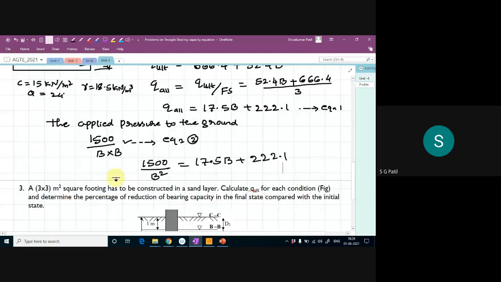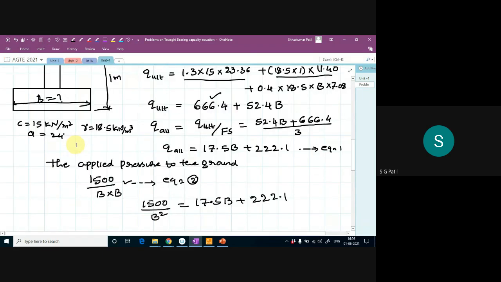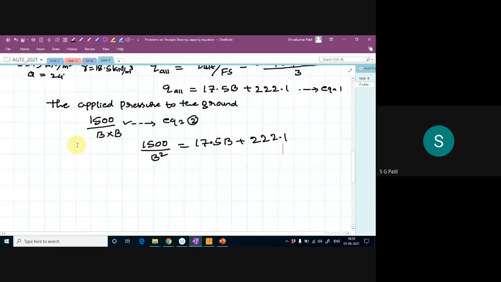Again, you simplify this. 17.5 B into B square. So I will get one cubic equation. That cubic equation will be something like this: 17.5 B cube plus 222.1 B square minus 1500 is equal to 0.